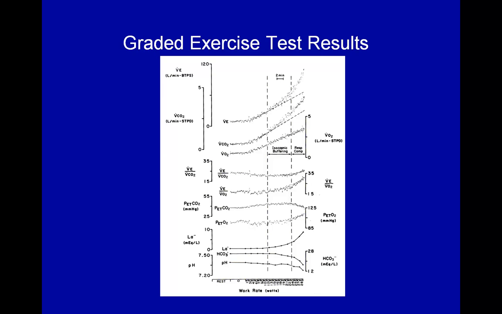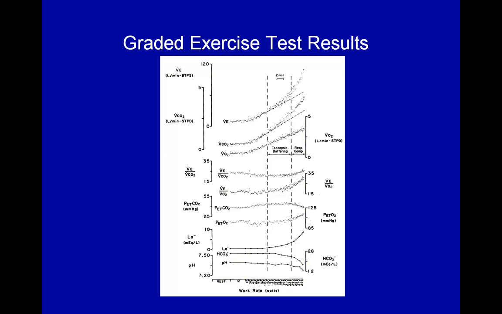We look at VCO2, the volume of CO2 that's being produced, or at least that's being exhaled and measured. Those are in liters per minute, and that's at STPD, which the respiratory therapy students will remember is standard temperature and pressure dry.